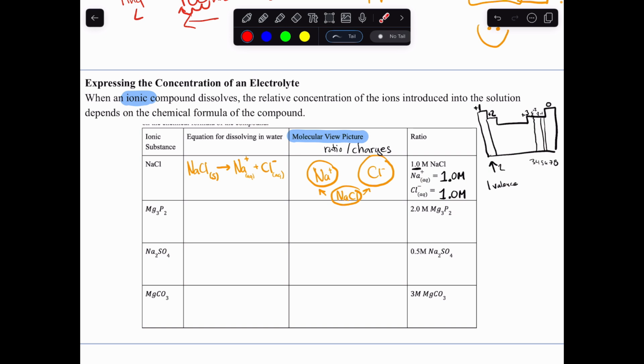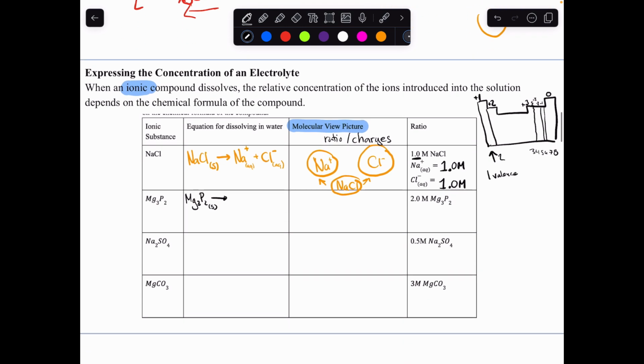All right, let's try the next one here as an example. Let's start with the equation. So we have Mg3P2. I'm going to write that here. Mg3P2 is a solid and it's going to break down. The two pieces it's breaking apart into are always the metal and the nonmetal.